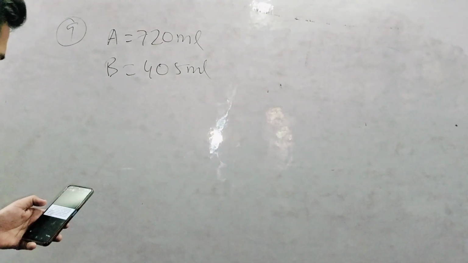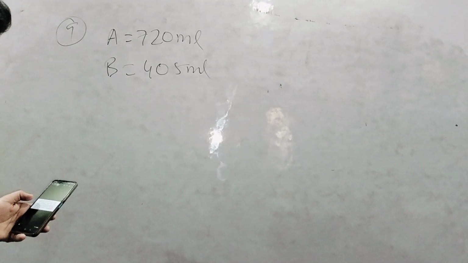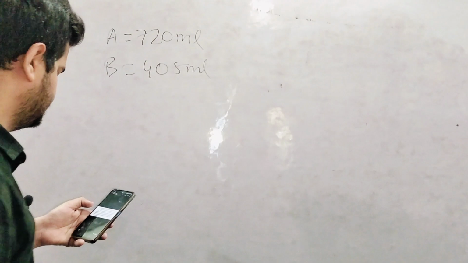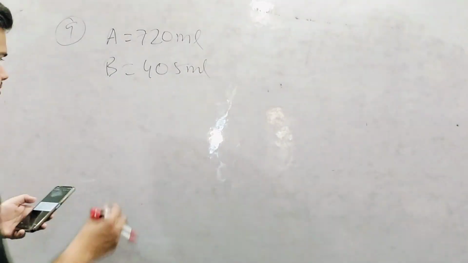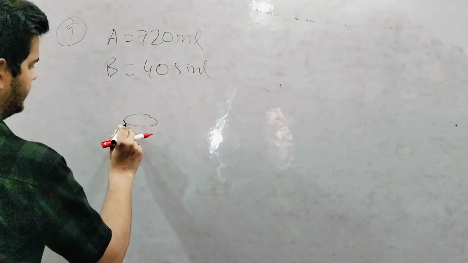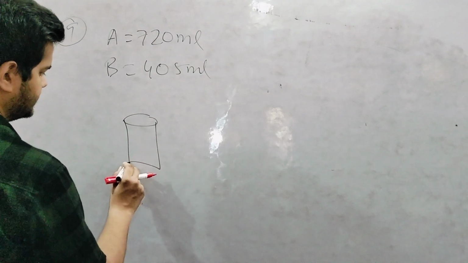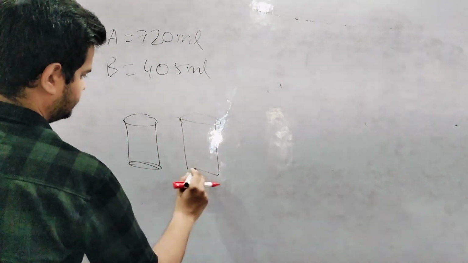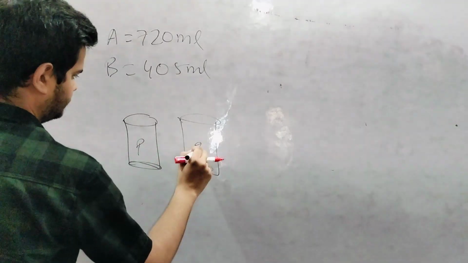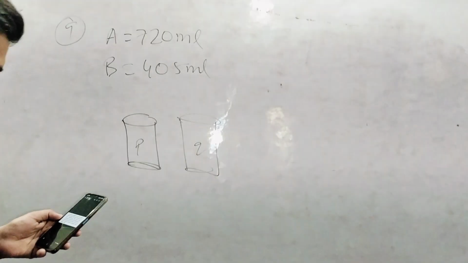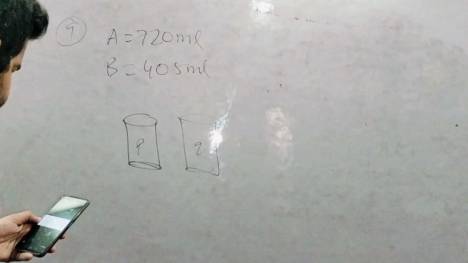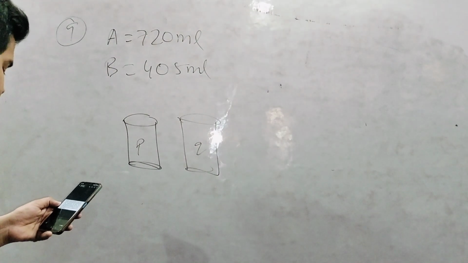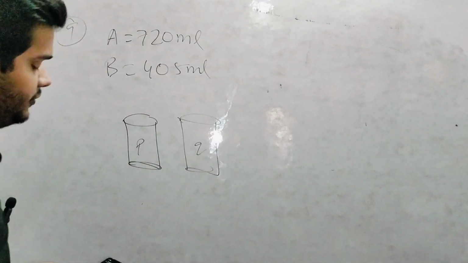Then the milk from these containers is poured into glasses of equal capacity. Now find the minimum number of glasses that can be filled.